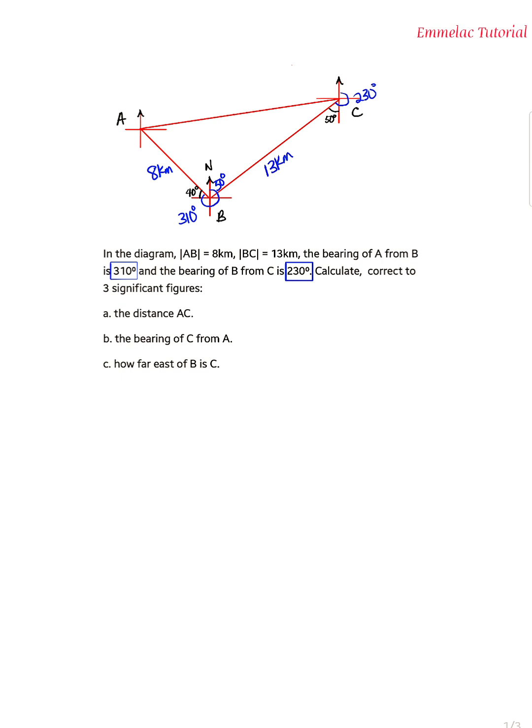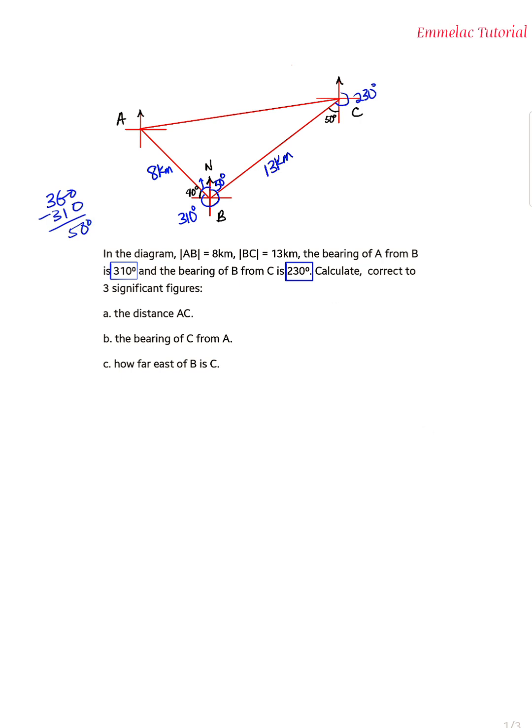So what about this remaining part here? Now take note that if from this part down to here is 310, and you know the full angle is 360, then the remaining part here will definitely be 50, because 360 minus 310 gives us 50 degrees.